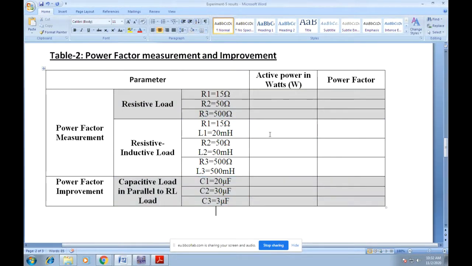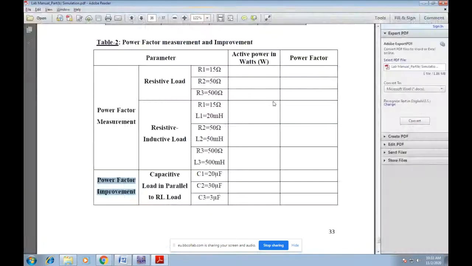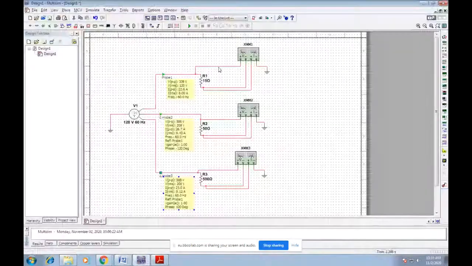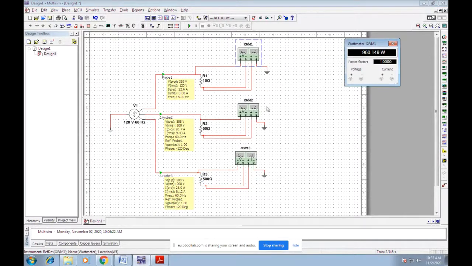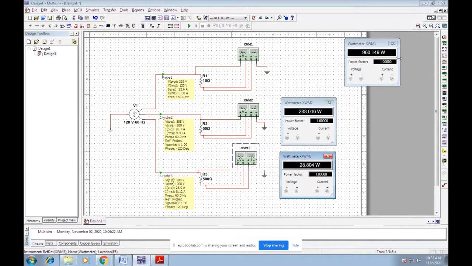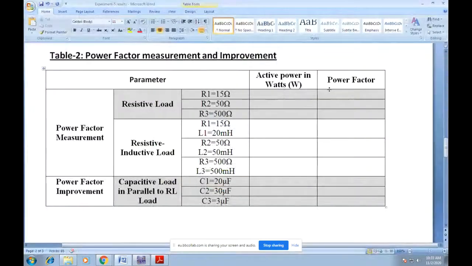Okay, this is the table. Let us complete it. So now what we have from the Multisim, we have solved for R1, R2, and R3. What were the values for the first one? Power was 960.149, so let me write it here, and the power factor is 1.